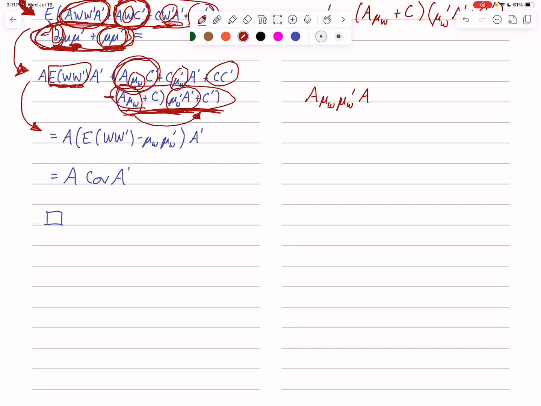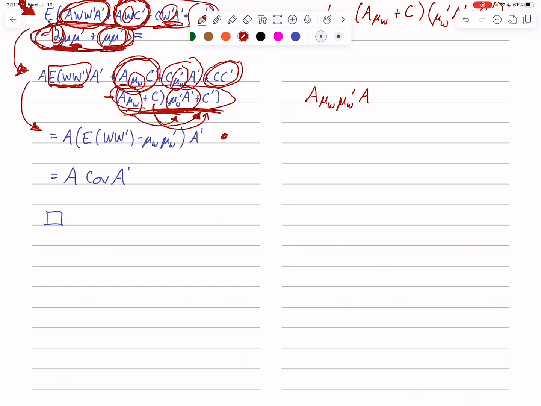Okay, then we do minus C mu_W prime A prime. Well, you also have a plus up here, and they cancel. You also get C distributed to C prime, but it's a minus. You also have a plus here, so they cancel. And so in fact, this is the only thing left over after all those other things cancel.